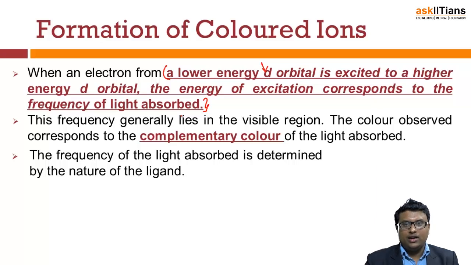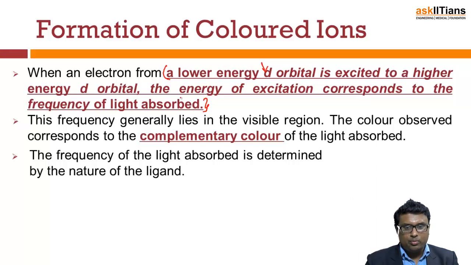There are certain electrons present in inner orbitals. So if this low energy d orbital electron is excited to a high energy d orbital, there is certain energy related, that is nothing but the energy of excitation. Corresponding to this energy of excitation, there is light which is absorbed.